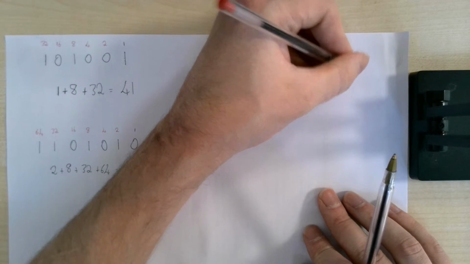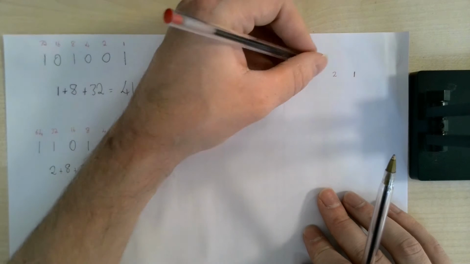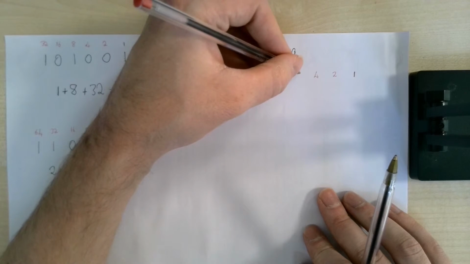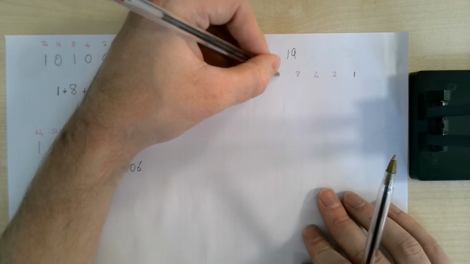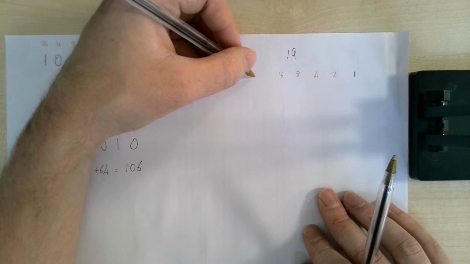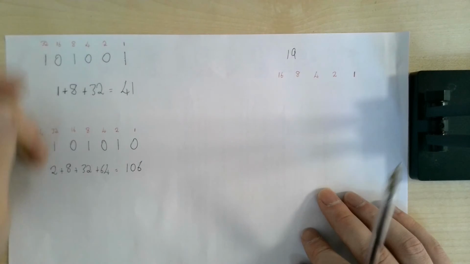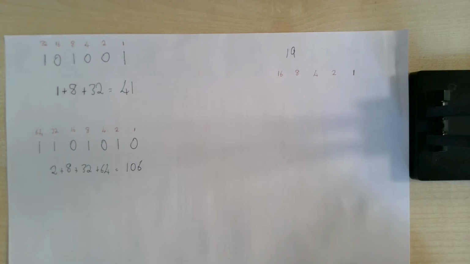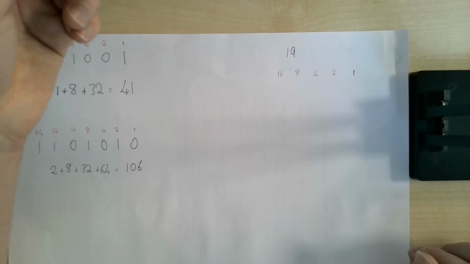Well, might need the 1, we might need the 2, we might need the 4, the 8, 16 I'll probably need. The next number is 32, but that's too big, so I definitely don't need that. So I've got enough with a 16, 8, 4, 2, 1. Now this isn't as easy as converting binary, because you've got to do a little bit of addition in your head.